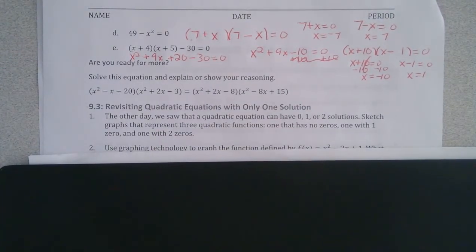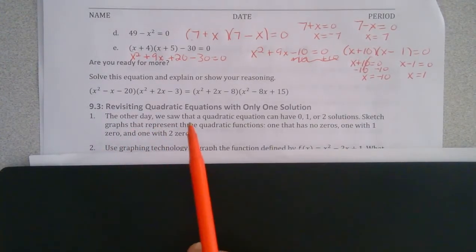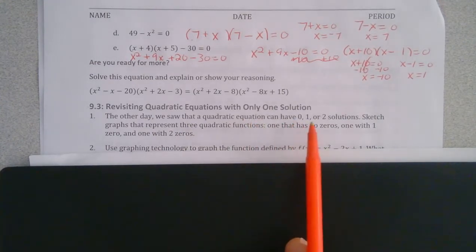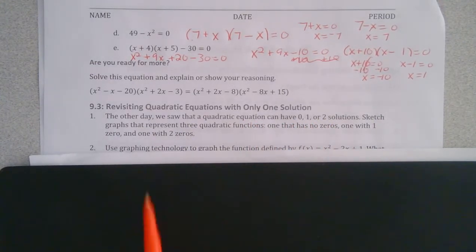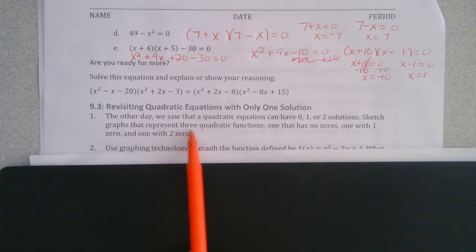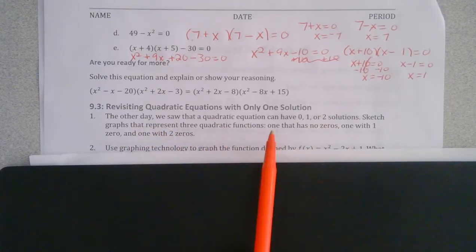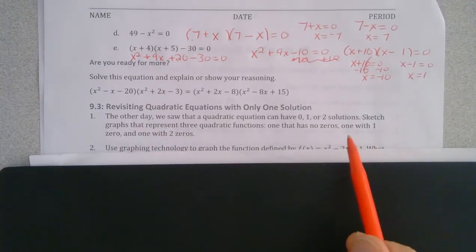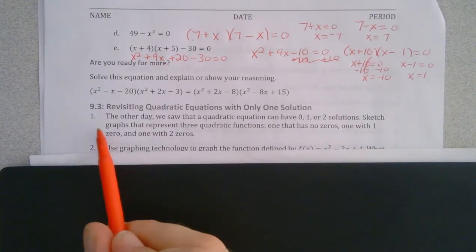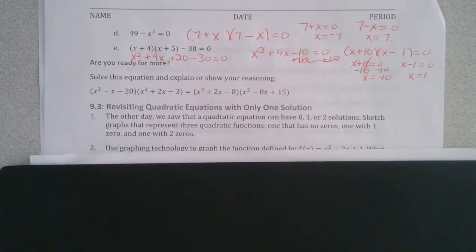So now we're going to revisit quadratic equations with only one solution. So it says, the other day we saw quadratic equations can have 0, 1, or 2 solutions. Sketch graphs that represent the 3 quadratic functions, one that has no zeros, one that has 1 zero, and one with 2 zeros.